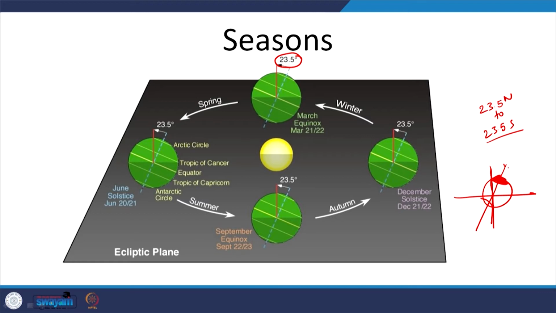This period of time is winter. When it is exactly in the opposite direction, due to the axial tilt, you will see the Earth in this way, where if this is the position of the Sun, this is the summer for the North Pole. So due to this combined relation, seasons originate for the different positions on the Earth.